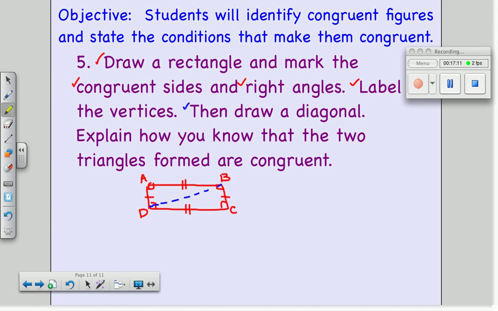Explain how you know that the two triangles formed are congruent. How do I know they're congruent? Because the sides are congruent. The sides are congruent.